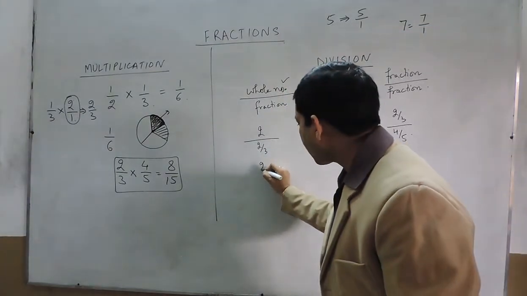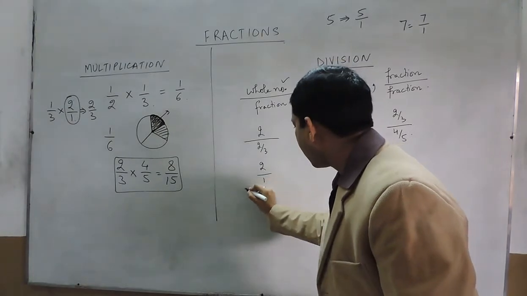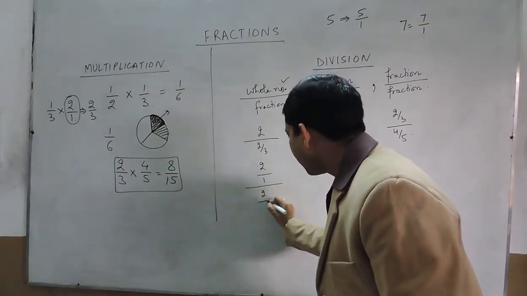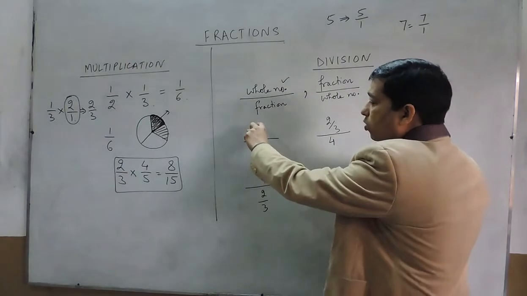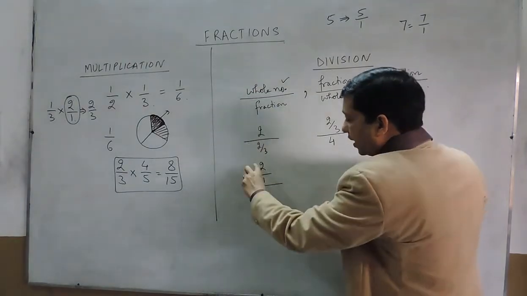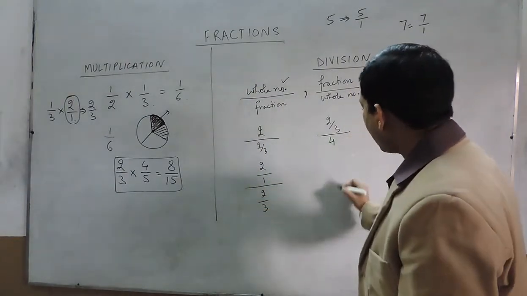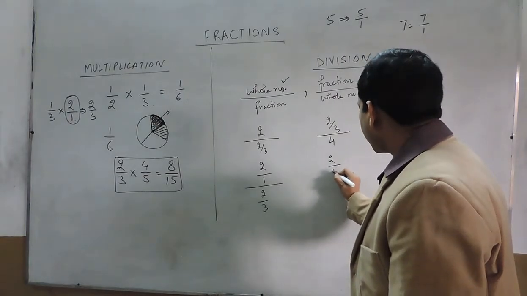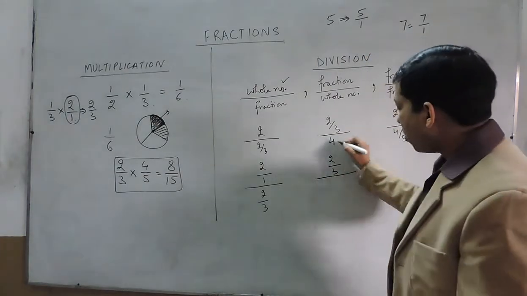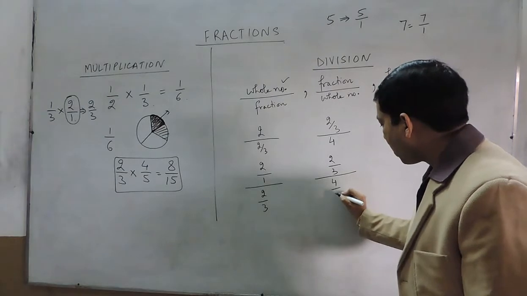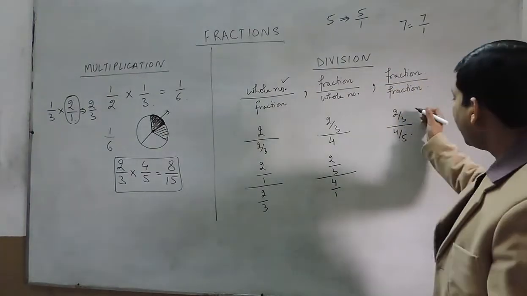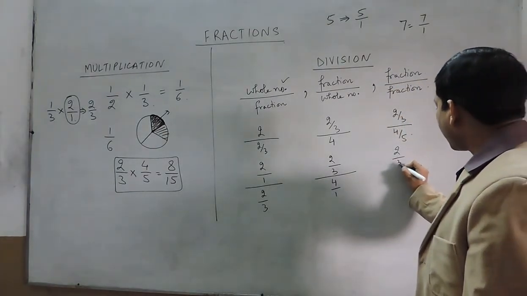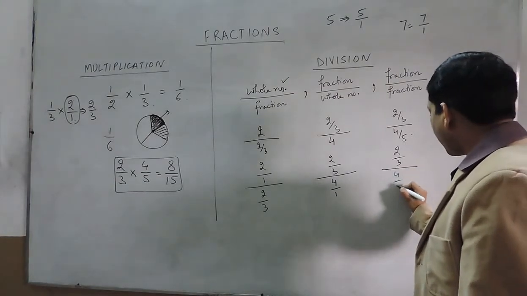So this can be written as 2 upon 1 divided by the fraction 2 upon 3. Here also we can do the same: 2 upon 3 divided by the whole number 4, which can be written as 4 upon 1. And the last one is already given, 2 upon 3 divided by 4 upon 5.